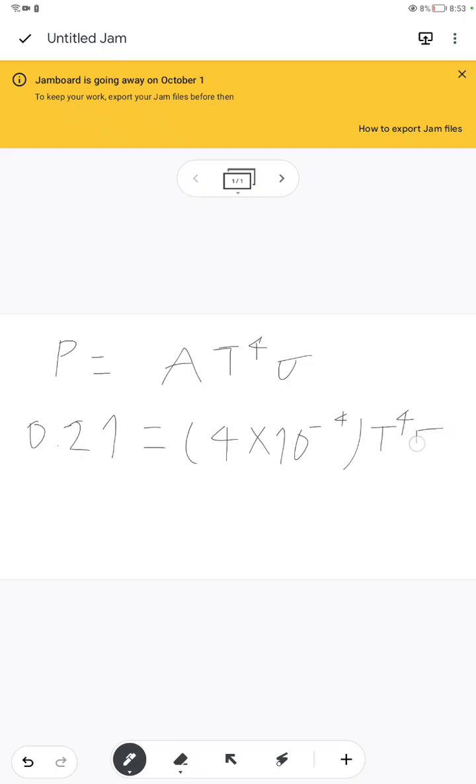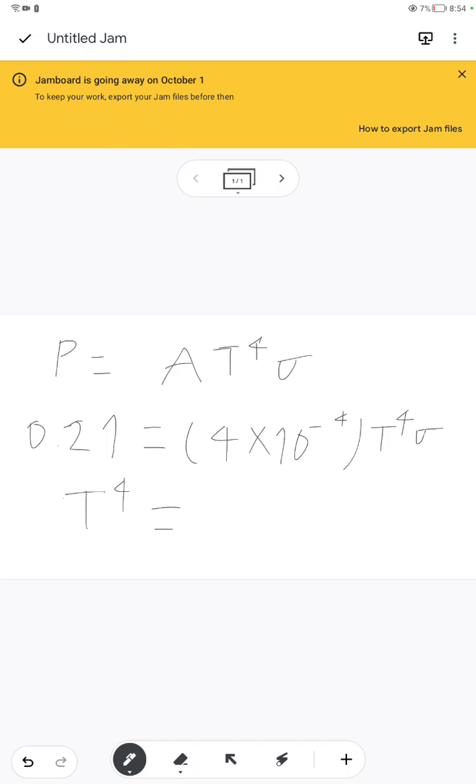And they have given the value of sigma at the beginning of the question. You can see that. So for T^4, using algebra, if you know algebra, you can easily solve this. If you don't know that, you have to learn it. I hope all of you know how to solve this kind of equation, because that's the very basic thing you need to know for these competitions.